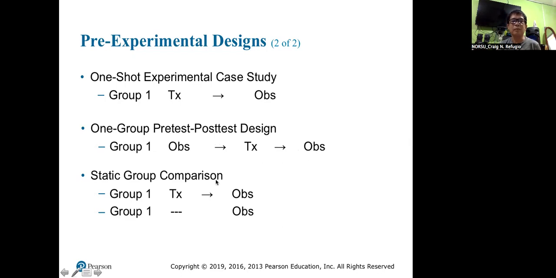We have static group comparison: group 1 gets a treatment, then the observation. Then there is group 2, with no treatment at all, but there is an observation at the end.